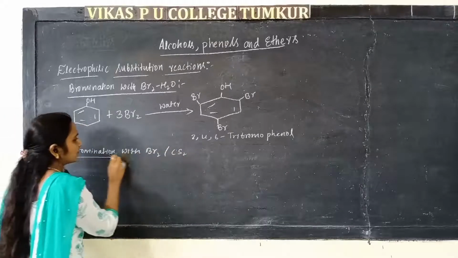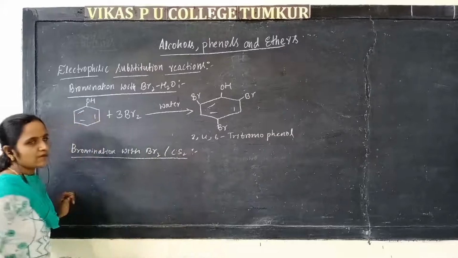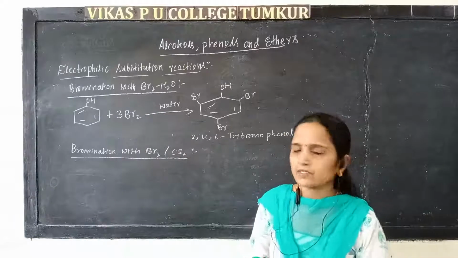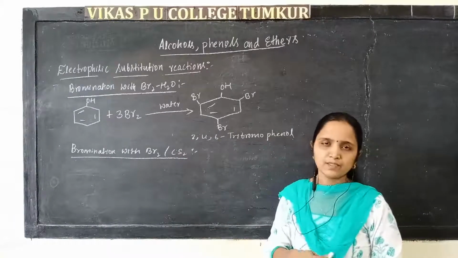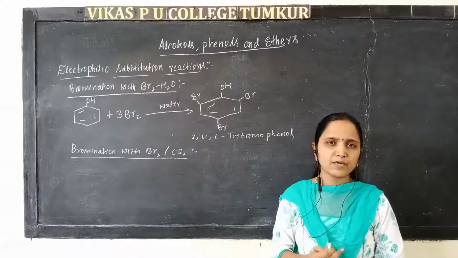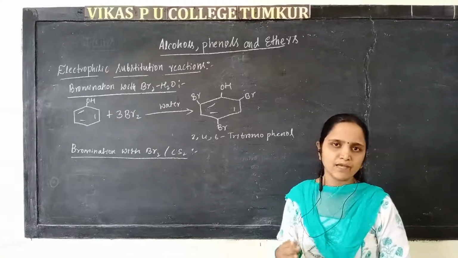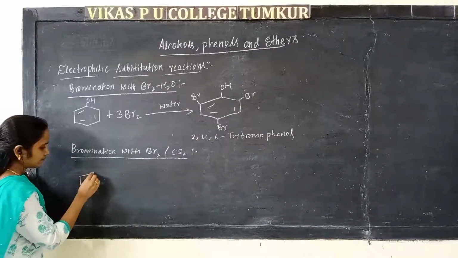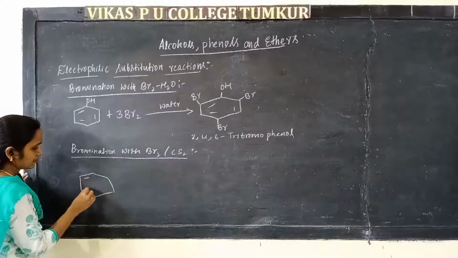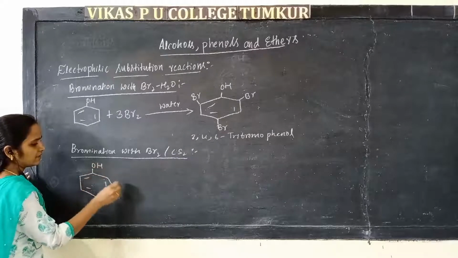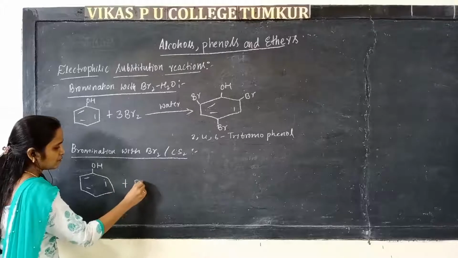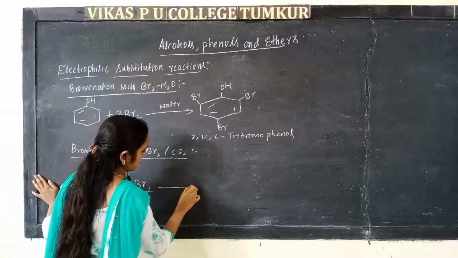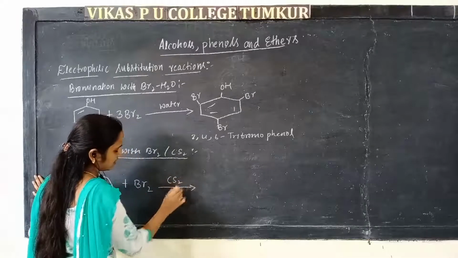When phenol is treated with bromine in the presence of carbon disulfide, CS2, we get the products ortho-bromophenol and para-bromophenol.